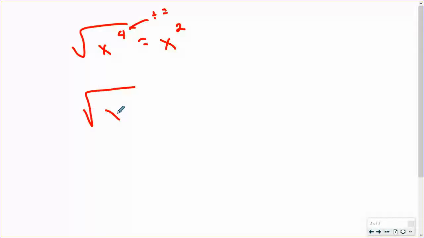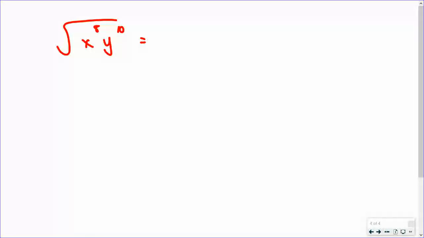So the square root of x to the 100th is x to the 50th, the square root of x to the 92nd is x to the 46th. Nothing's happened there. That's all. It's really that simple. Okay, so now let's rub these in a little bit harder.